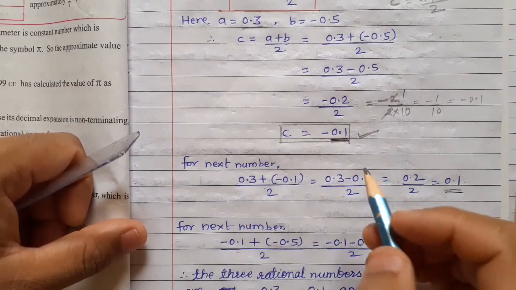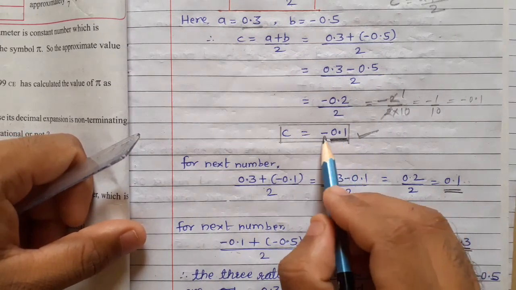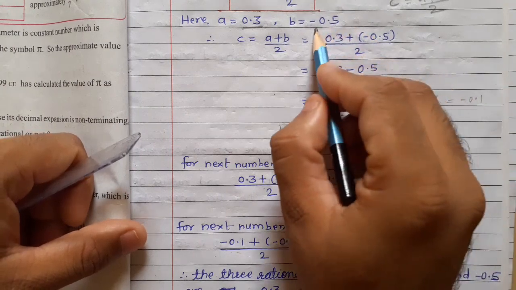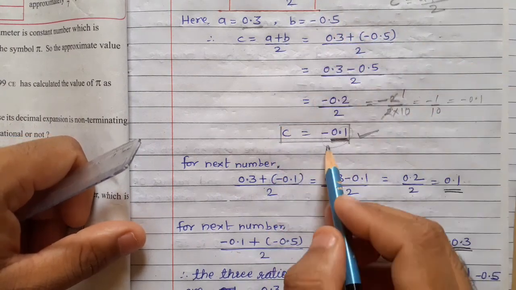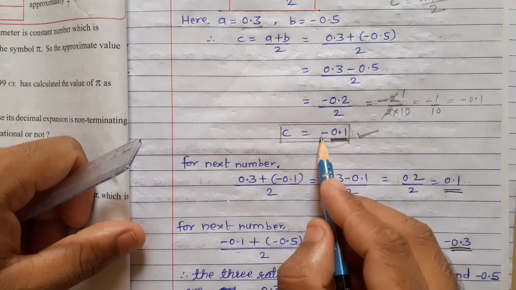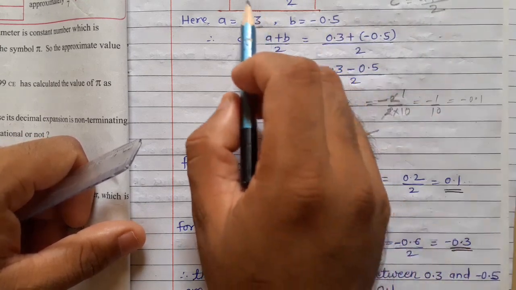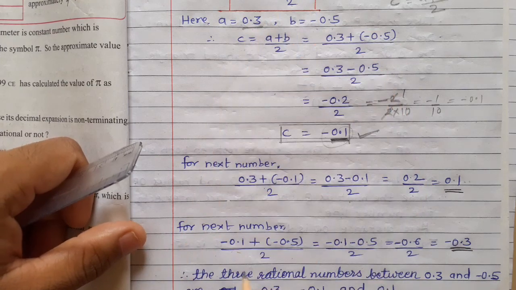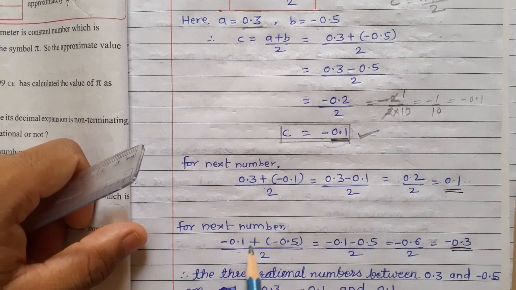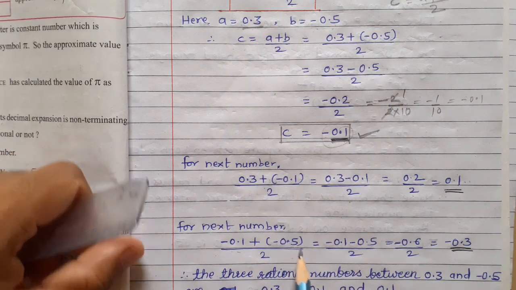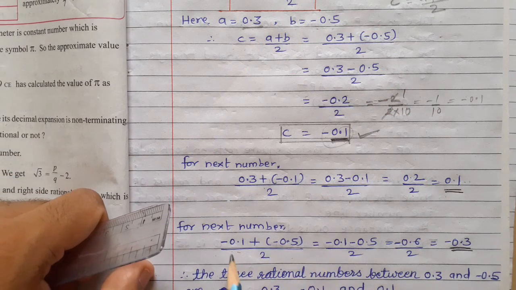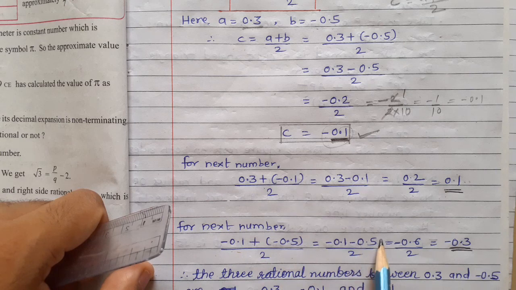Now we will find the number between minus 0.1 and minus 0.5. For that we use C is equal to (A plus B) upon 2. So (minus 0.1 plus minus 0.5) upon 2 is equal to (minus 0.1 minus 0.5) upon 2.